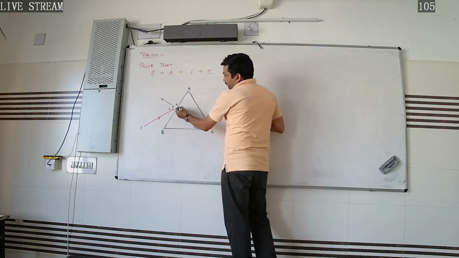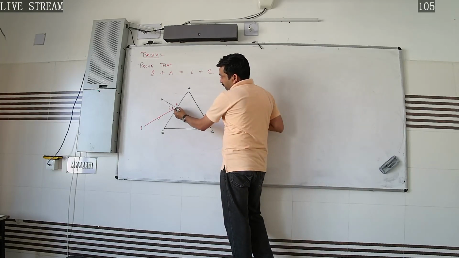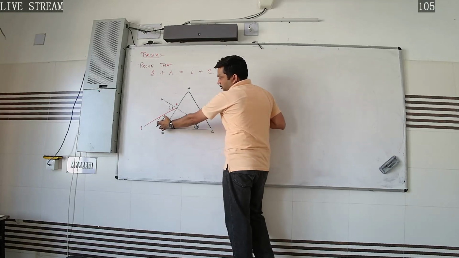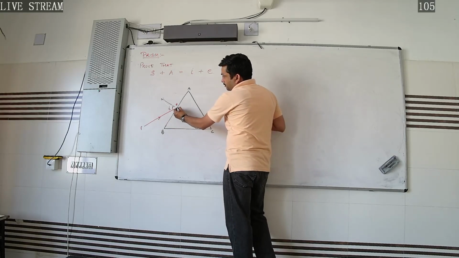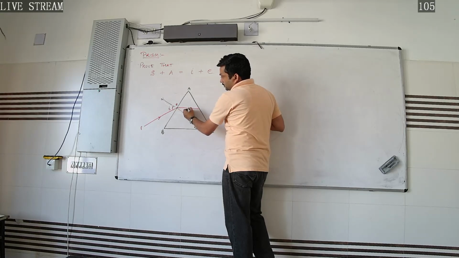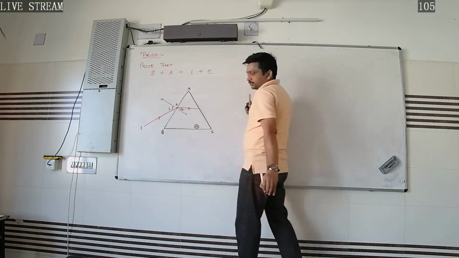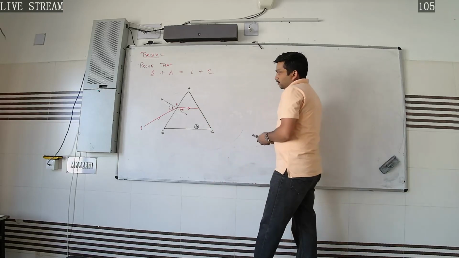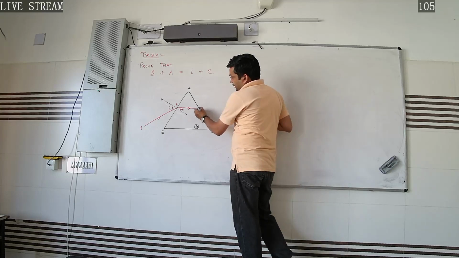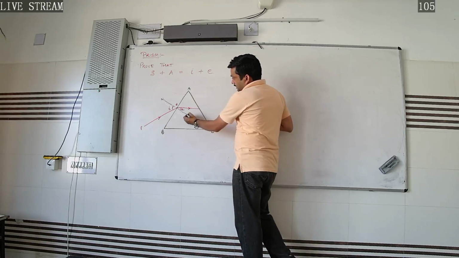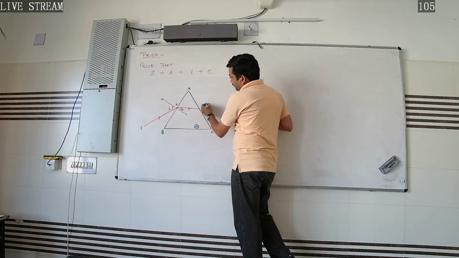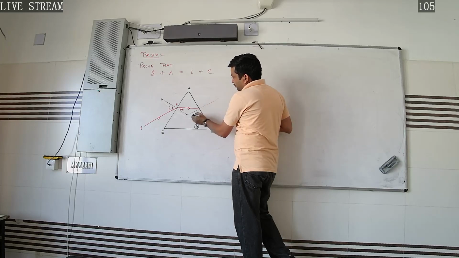Now, a ray of light, when it suffers refraction, as it is going from optically rarer to denser medium, suffers the refraction and goes like that. Let us consider this angle is the angle of refraction, that is R1. Now, as this ray of light is incident on face AC, then what would happen? Again, in order to find the angle of refraction R2 or angle of emergence, we need to draw another normal.